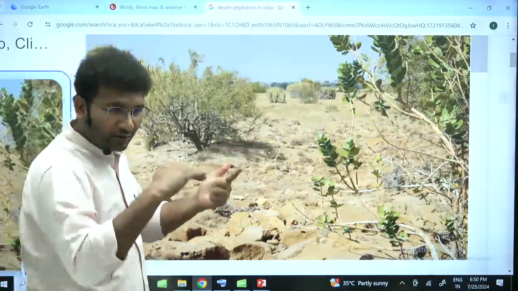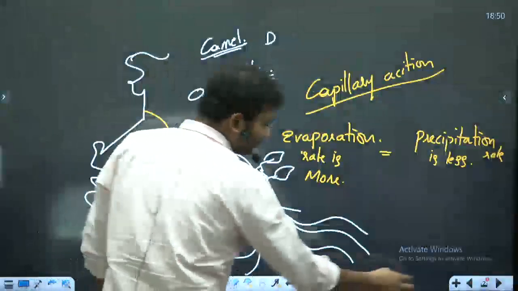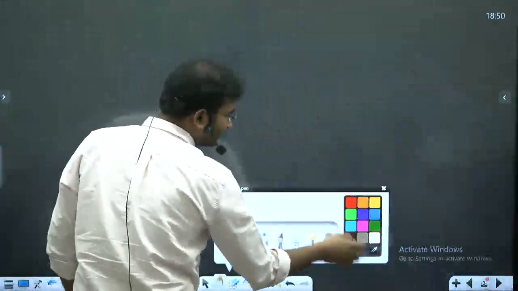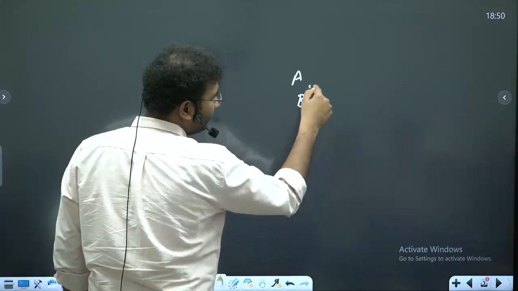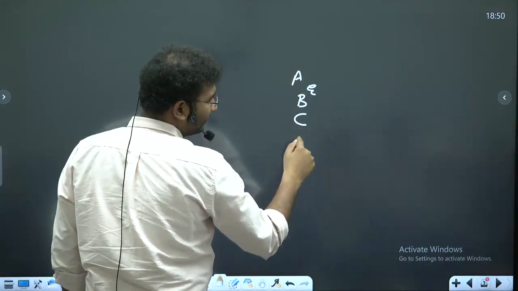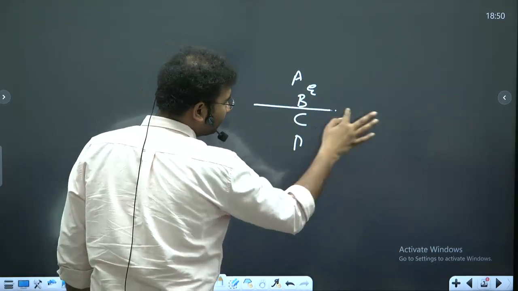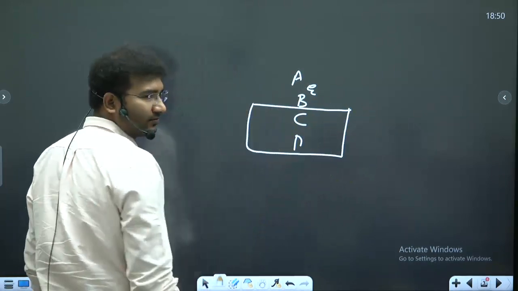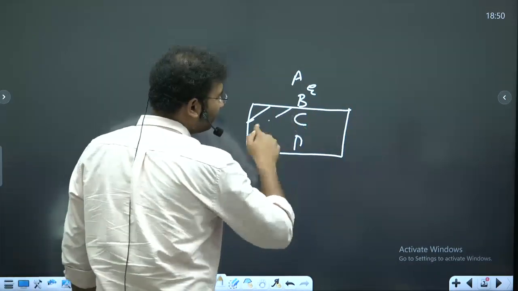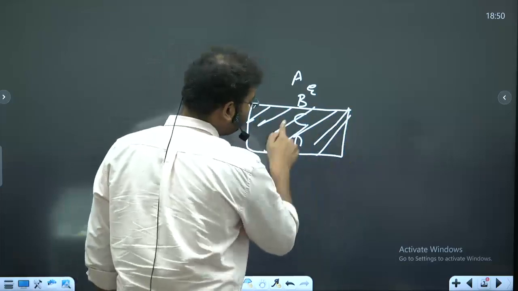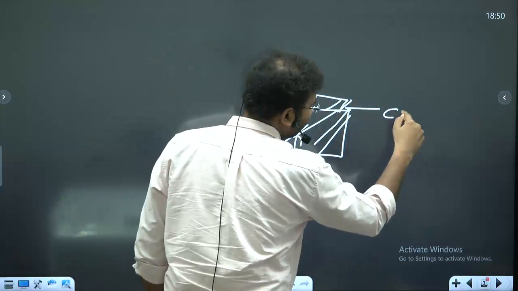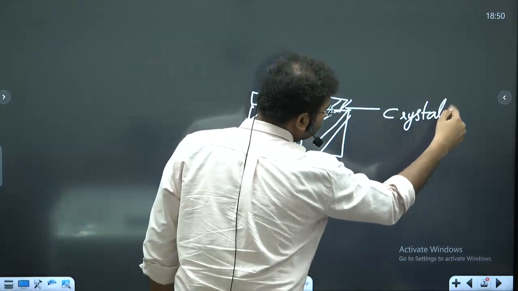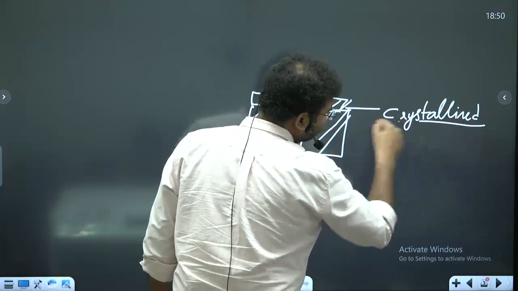Even the lower layers, that means, look, lower layers in the sense A layer, B layer, in between you have E layer, C, D. So the lower layers, sometimes B also, they are crystalline. Now what do you mean by crystalline?